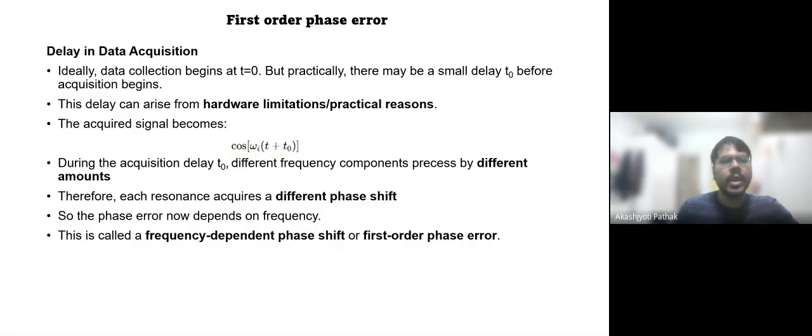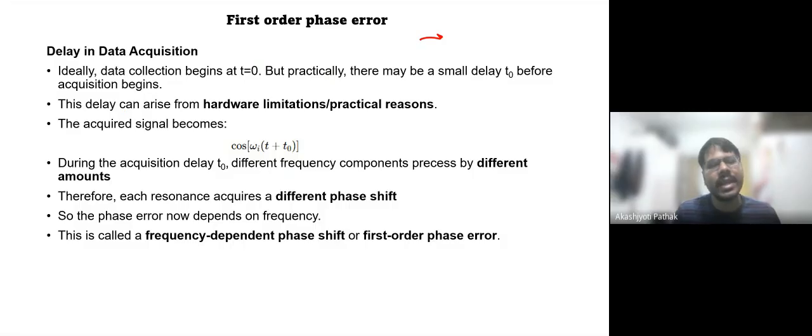Now there can be a delay in data acquisition. As soon as you apply the RF pulse and it is removed, you want the FID to be captured. Ideally, data collection should begin at t equal to 0. But practically there may be a small delay t0 before the acquisition begins.